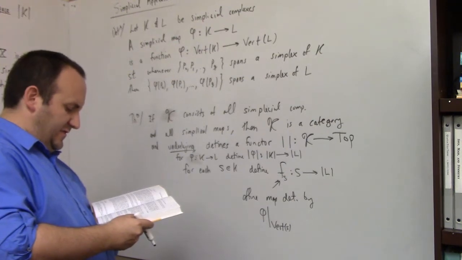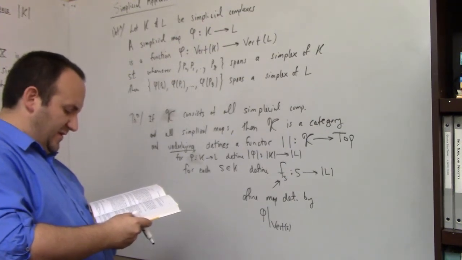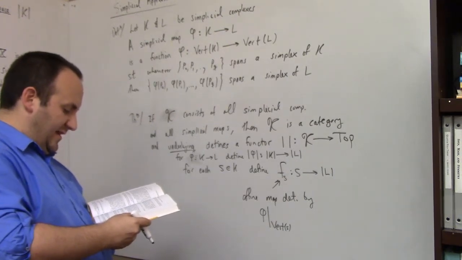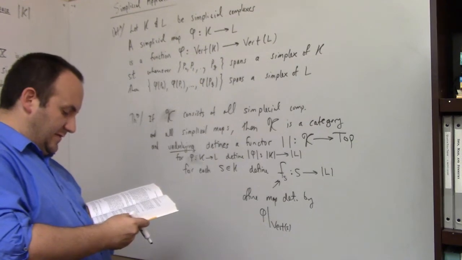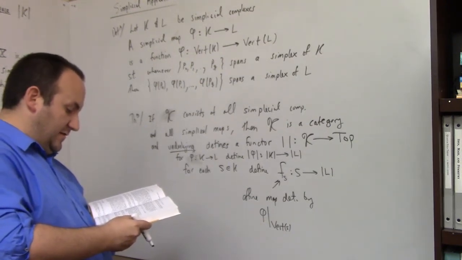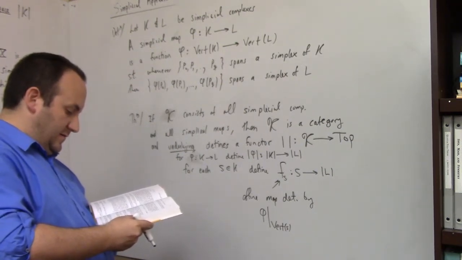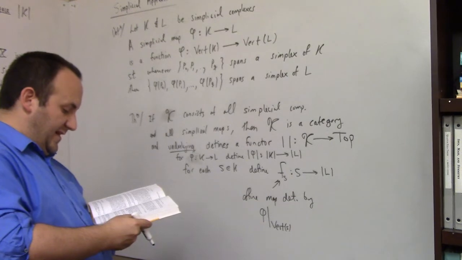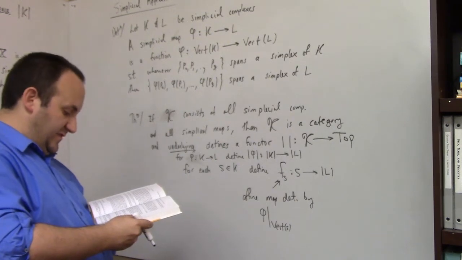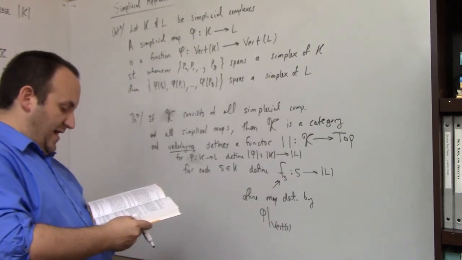Here's his definition. Let K and L be simplicial complexes, phi a simplicial map, and F a continuous map from the underlying space of K to the underlying space of L. Then phi is a simplicial approximation to F if for every vertex P of K, the image of the star at P under F is contained in the star of the image of P under the simplicial map.